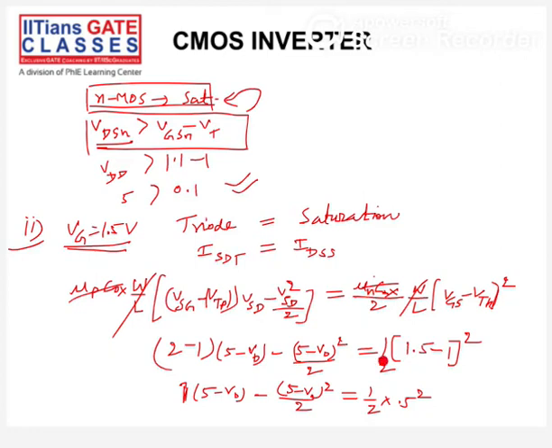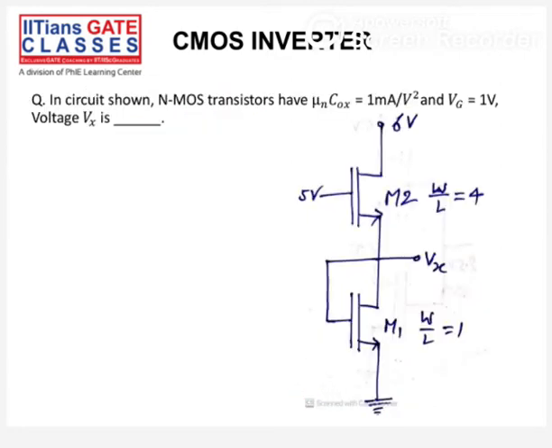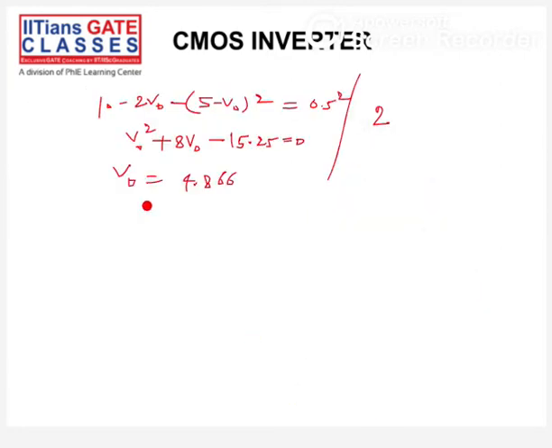This 2 will be multiplied here: 2 into (5 minus V naught) equal to 0.5 whole square. So it is 10 minus 2 V naught is equal to 0.25. So 2 V naught is equal to 10 minus 0.25.